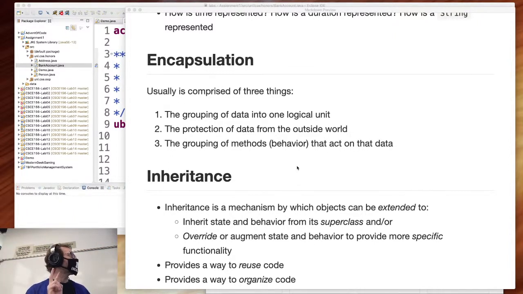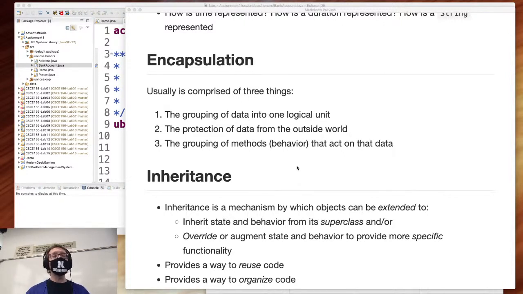But it's also with the protection of the data from the outside world, using the keyword private, right, or protected, or public. Sometimes you use public, and then controlling access to the outside world through getters and setters and the constructors. 3, you don't have that in C. You only have weak encapsulation, number 1 in C. But you do have number 2 and number 3 in Java and most object-oriented programming languages, where you also group the methods or behavior that act on that data in the class itself.